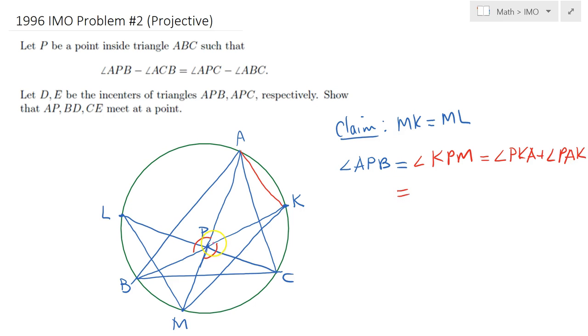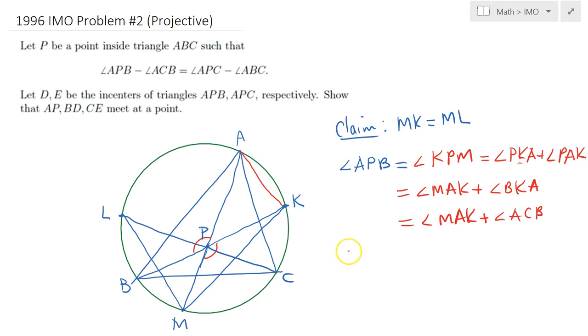Angle PAK is the same thing as angle MAK, and PKA is the same thing as angle BKA. But notice that angle BKA subtends the arc AB, and that arc is also subtended by the angle ACB.